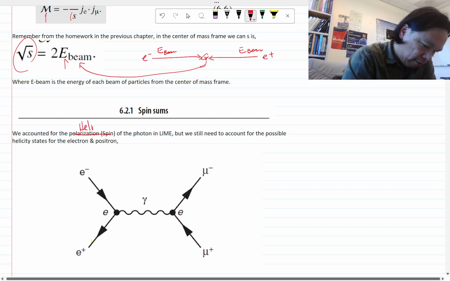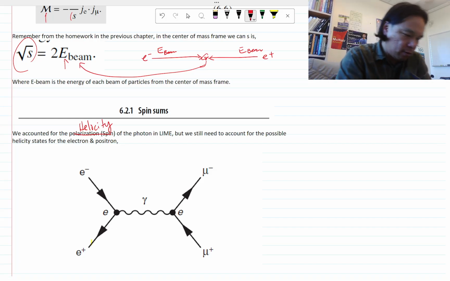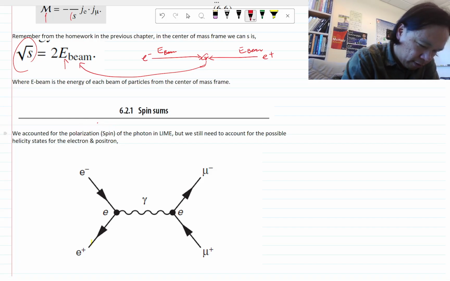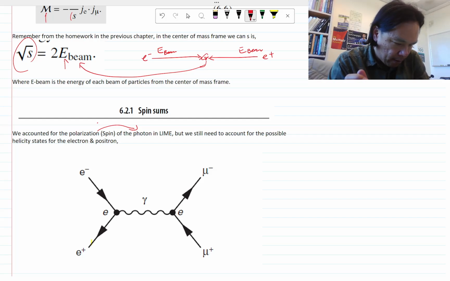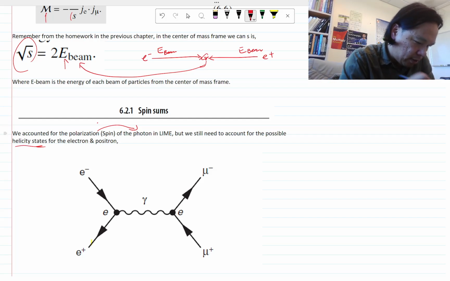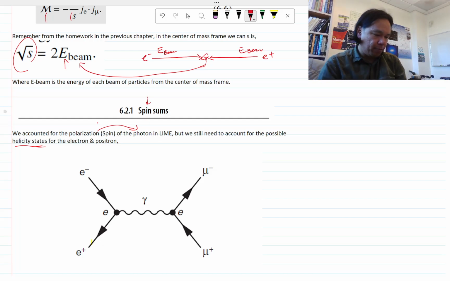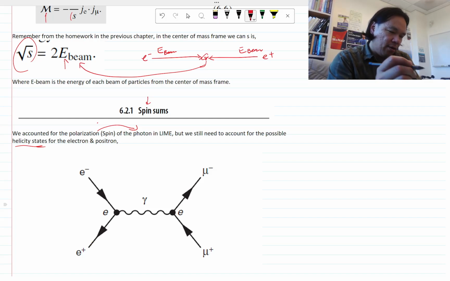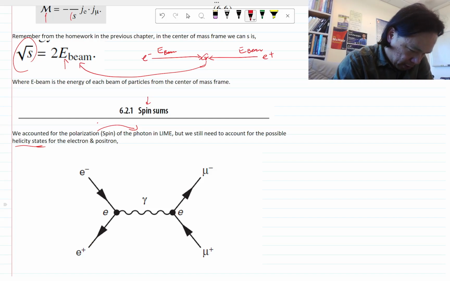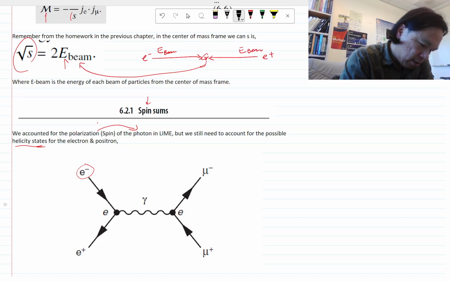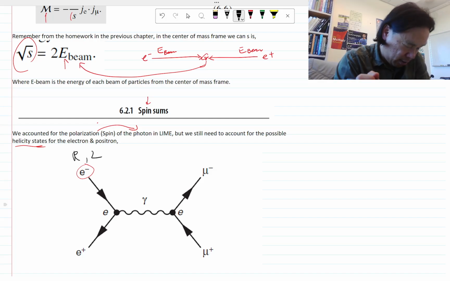So let's deal with the helicity. Let's just cross that off of all these different particles that are coming in and out. Oops, that's actually the polarization of the photon, so that's okay. So we have to deal with the helicity state. I actually typed that correctly, even though it says spin sum over here. This incoming electron can either be right-handed helicity or left-handed helicity.